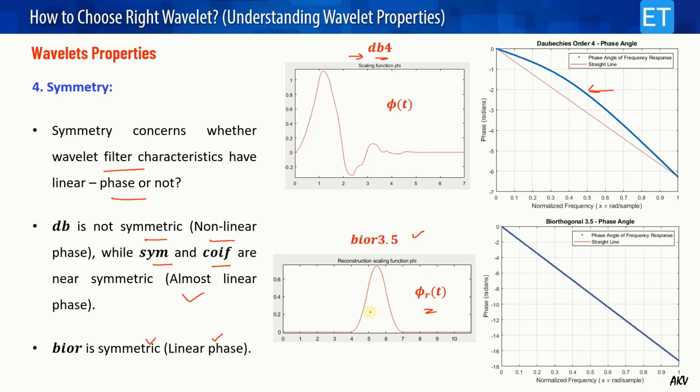So you can see in the time domain also that this one is not symmetric while this is quite symmetric. And also in the frequency domain you can see that we are getting a perfect linear phase for biorthogonal wavelets. So that is an important property, and that will be used later in the selection of an appropriate wavelet for different applications. So that I will explain in the later slides.